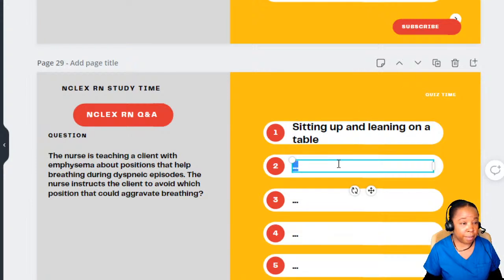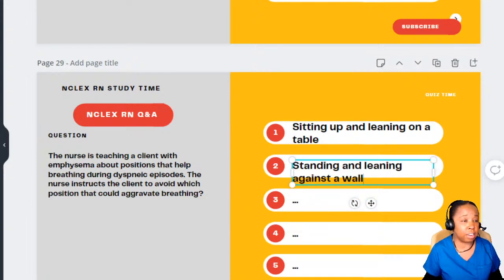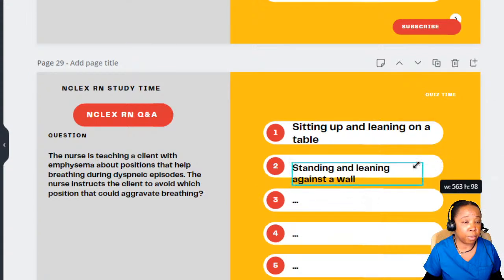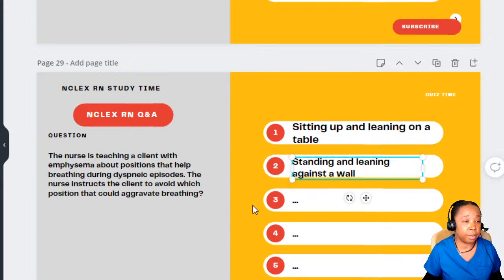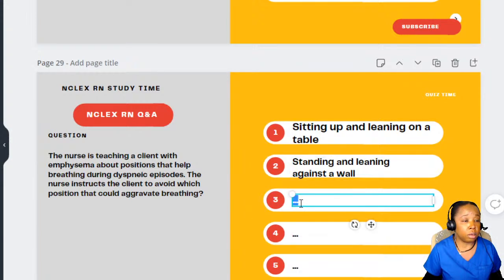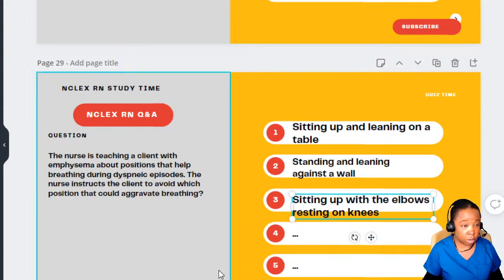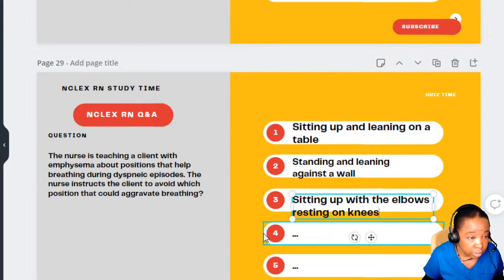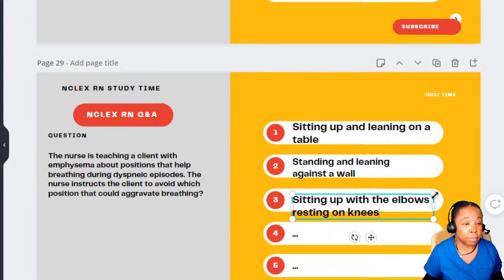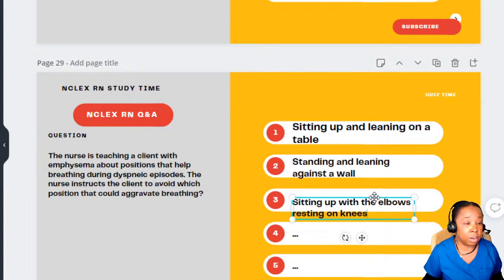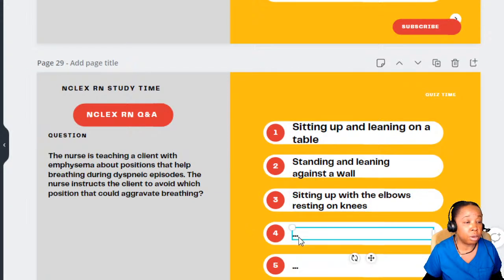Are you going to ask a patient who has emphysema, who's trying to breathe, to stand up and lean against a wall? That way they will be able to breathe better? Or are you going to ask the patient to sit up with elbows resting on the knees? Do you think that's one of the options? Do you think that's the best one?